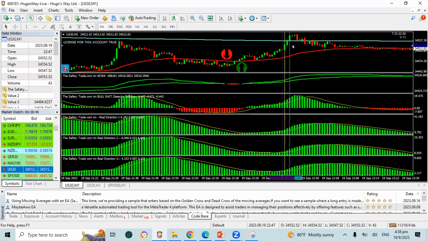When NAS and S&P crossed at this point in time, we had some space before US30 went up and touched the line. So you could have entered some trades and won some free pips right there, because you know it's going to go there for sure. You could have simply taken a buy trade and watched it go up and cross the line as well. Does that make sense to anybody?